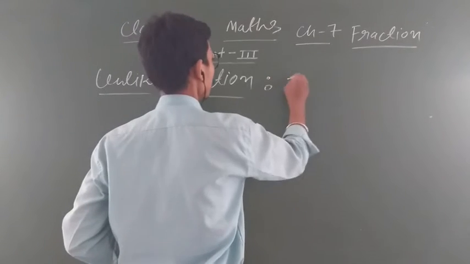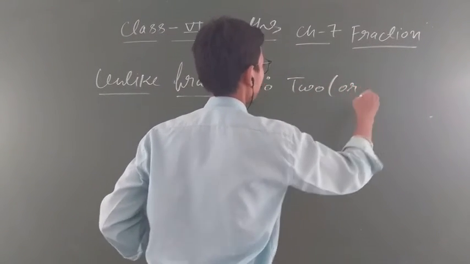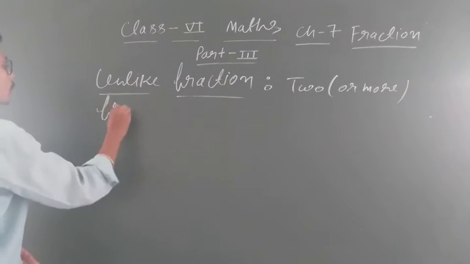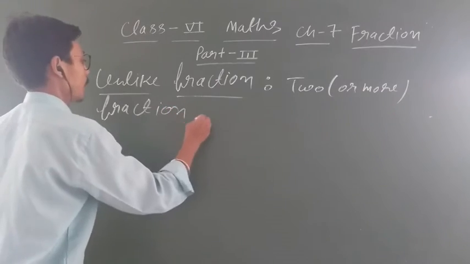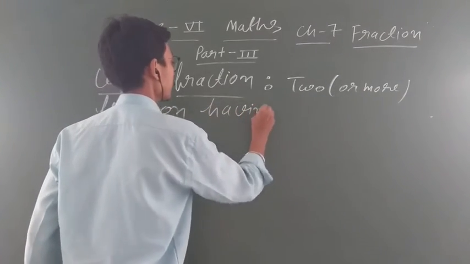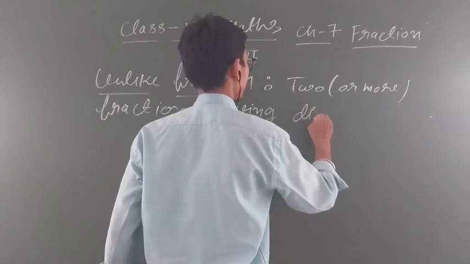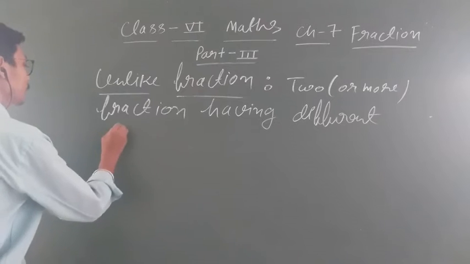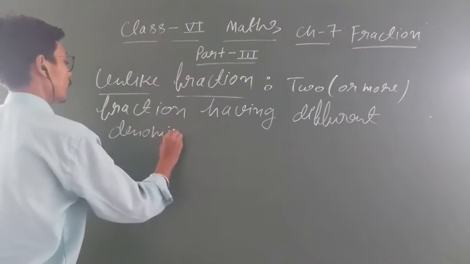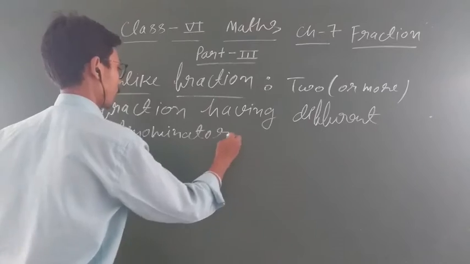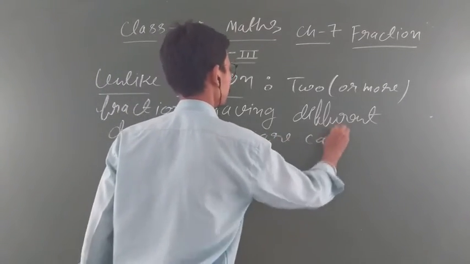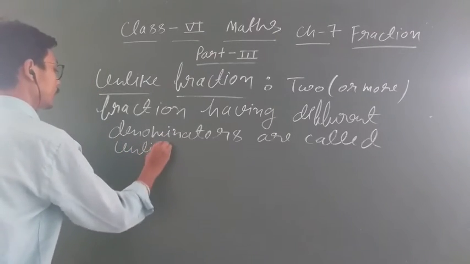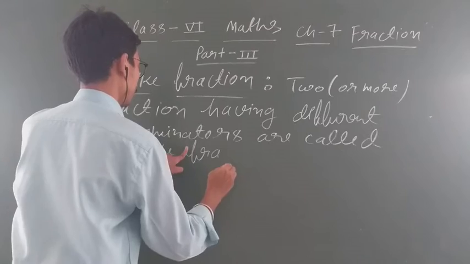So two or more fractions having different denominators are called unlike fractions.